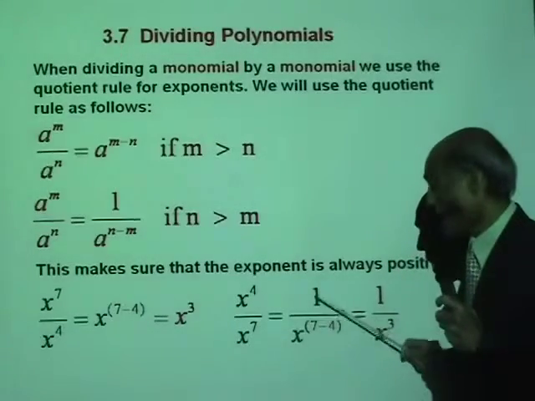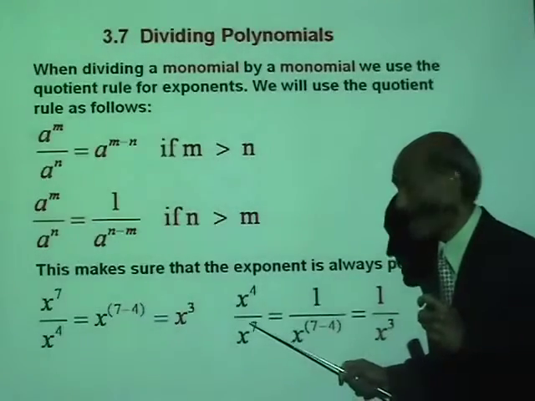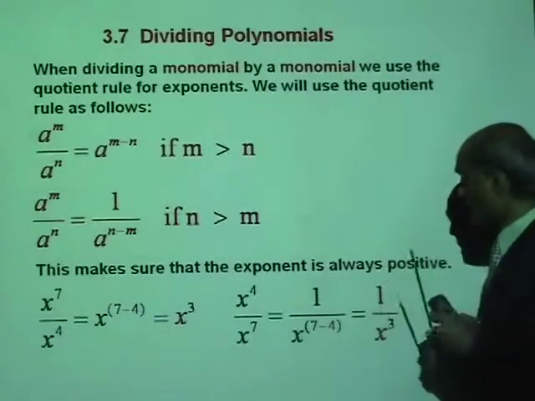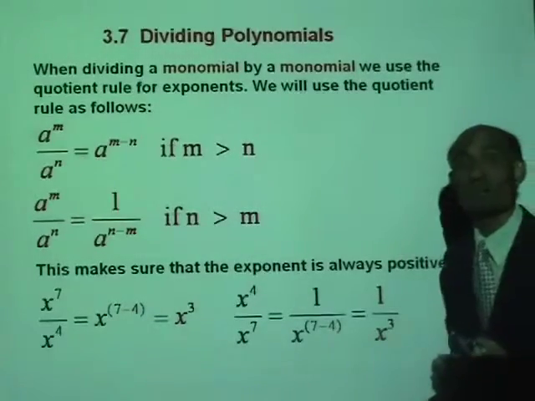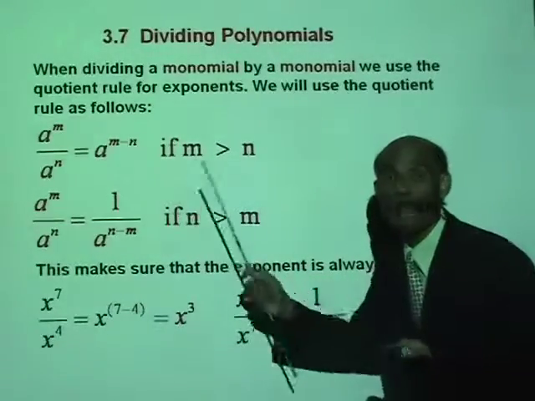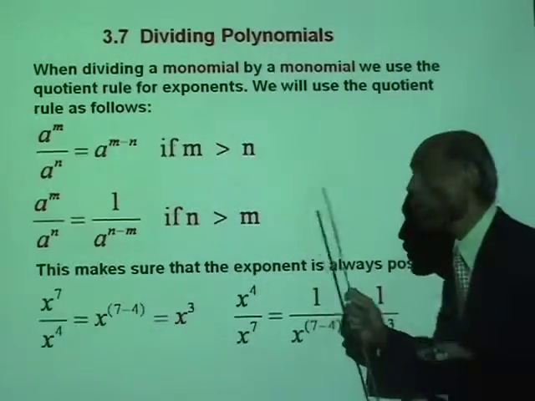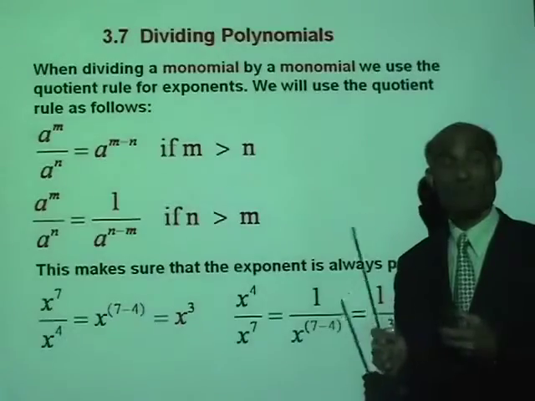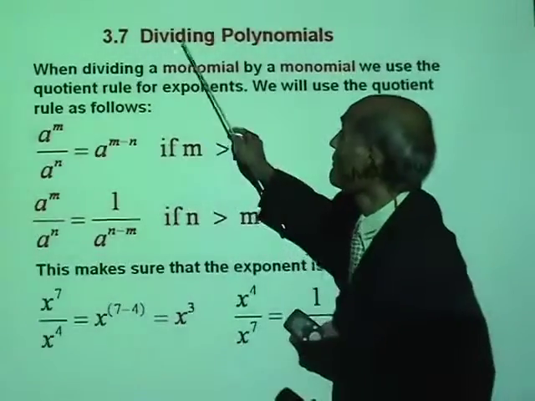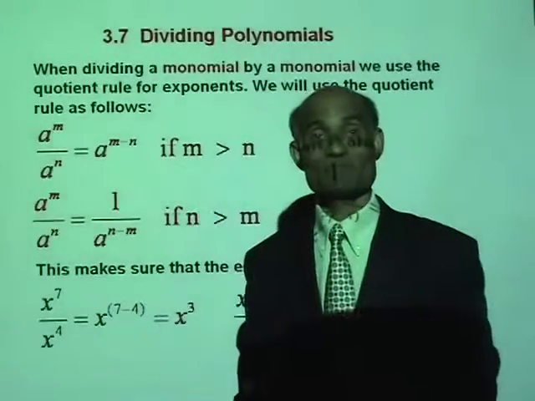It will be 1. 1 over x to the power of the denominator power 7 minus the numerator power 4, and that is 1 over x cubed. Now, why do we write the quotient rule like this? Just to make sure that the exponent is always positive. Okay, so if you practice this, simplifying or dividing a polynomial expression will become easier.